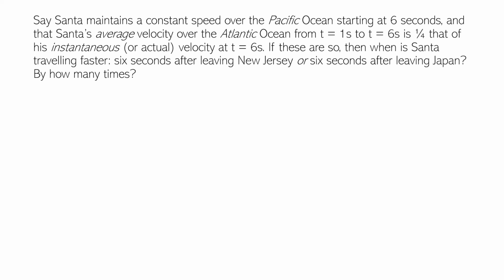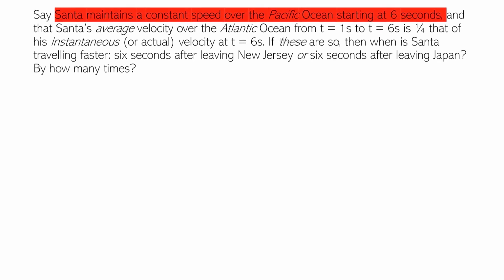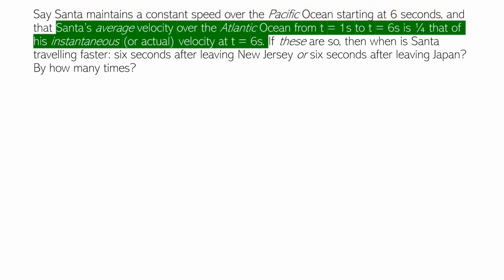The first clause of this problem tells us that Santa keeps a constant velocity after traveling at 6 seconds. This is mainly because we don't want Santa to be accelerating at crazy speeds and not being able to deliver presents. The second clause of this problem says that Santa's average velocity over the Atlantic Ocean, in other words, what we would calculate from 1 to 6 seconds given his distance, is a quarter of what he is actually traveling at 6 seconds.